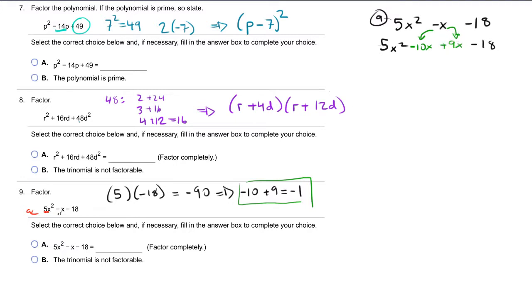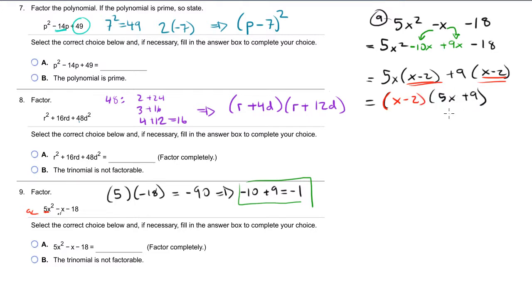Okay. So then factoring by grouping gets us 5x times x minus 2 plus 9 times x minus 2. And as we've factored by grouping before, we've got this repeated x minus 2. So that'll be x minus 2 times 5x plus 9. Great.